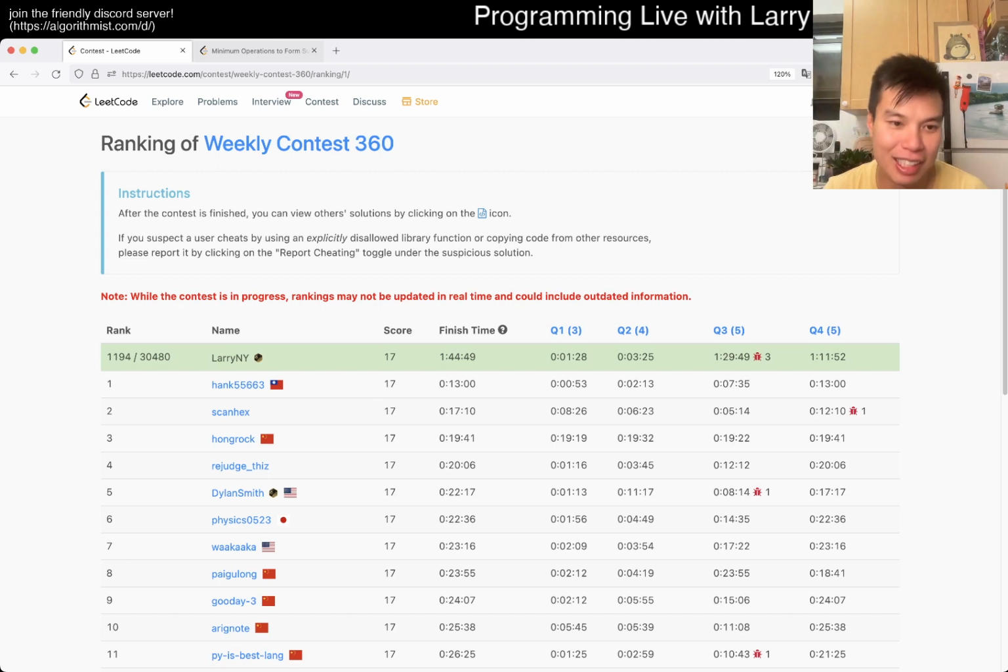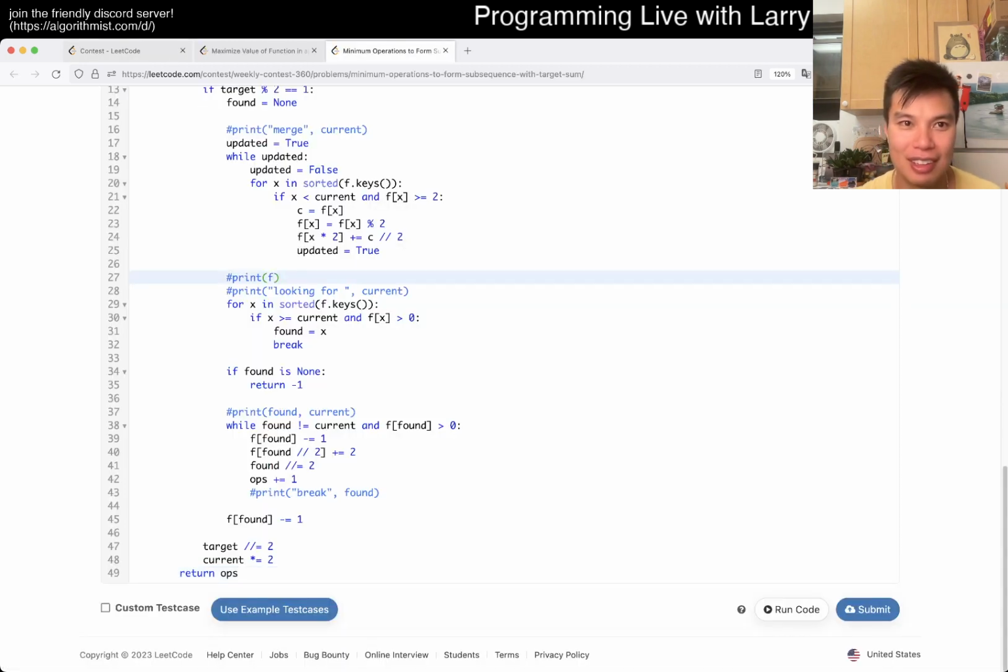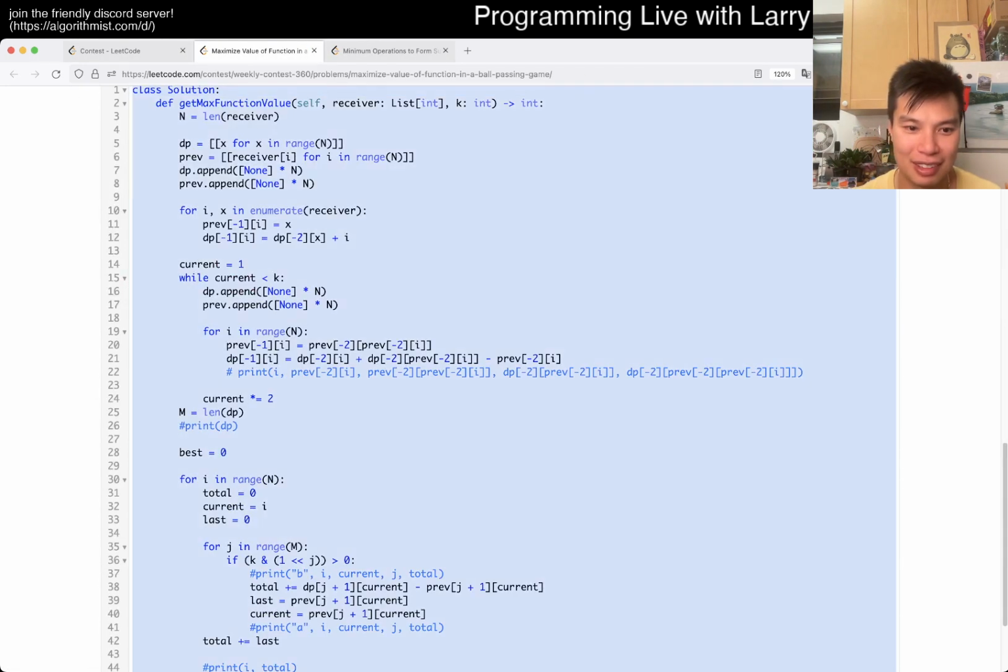When people tell me that they give up on a problem after 15 minutes, well, look, that took a while. Look at my Q4. Where's my Q4? I'm just posting in my Discord.